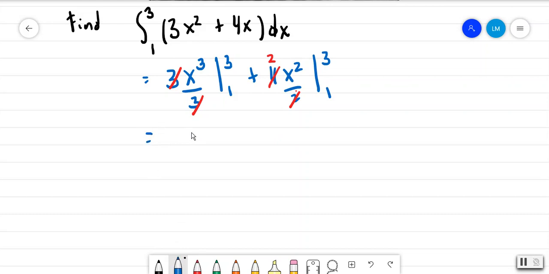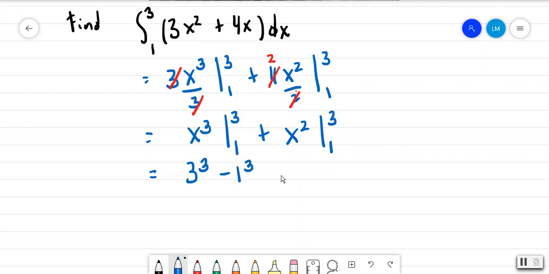Now what this gives me is x cubed from 1 to 3 plus 2 x squared from 1 to 3. Note that we no longer deal with the arbitrary constants. So we have 3 cubed minus 1 cubed plus 3 squared minus 1 squared. So this is going to be 27 minus 1, plus 9 minus 1.